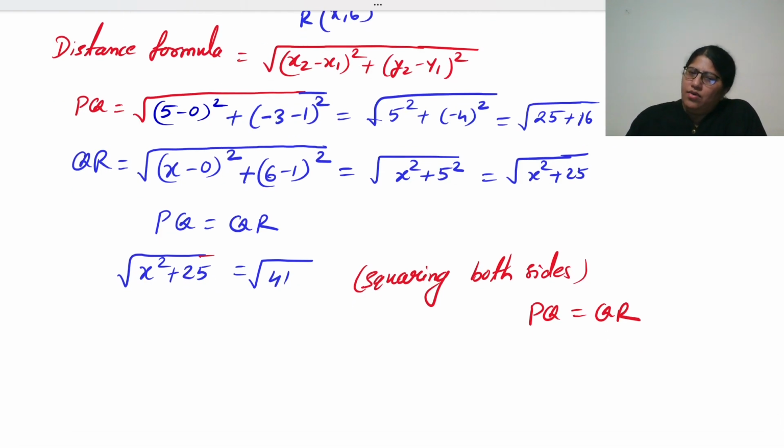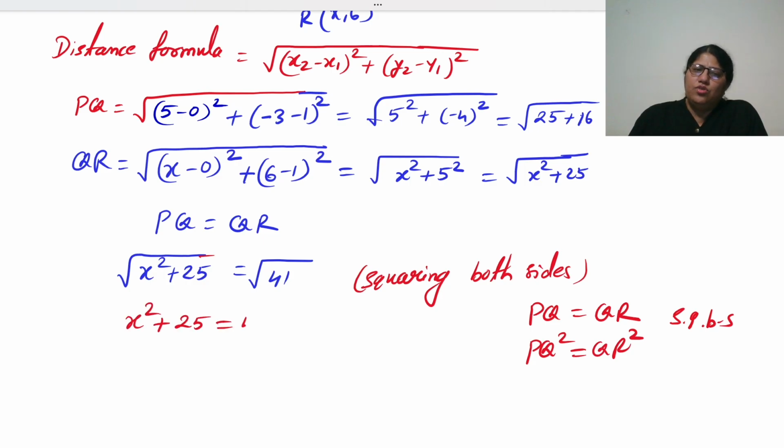So here only you can write squaring both sides, PQ square equals QR square, so that you will not have the square root. Once the square root is removed from both sides, it is x square plus 25 equals 41.